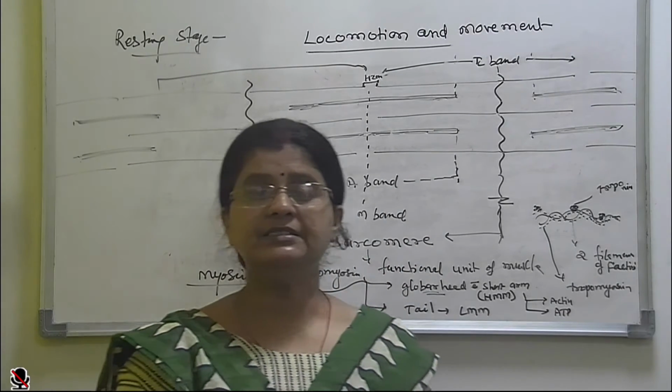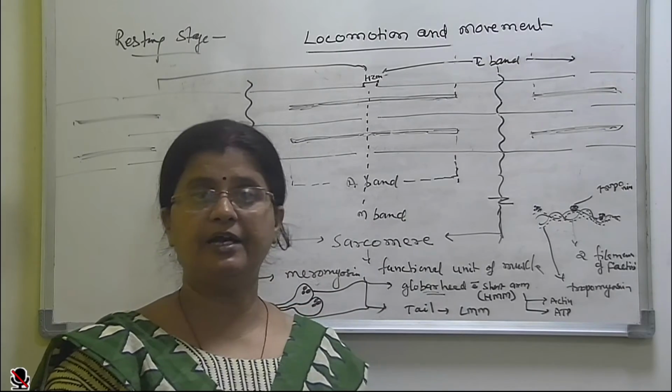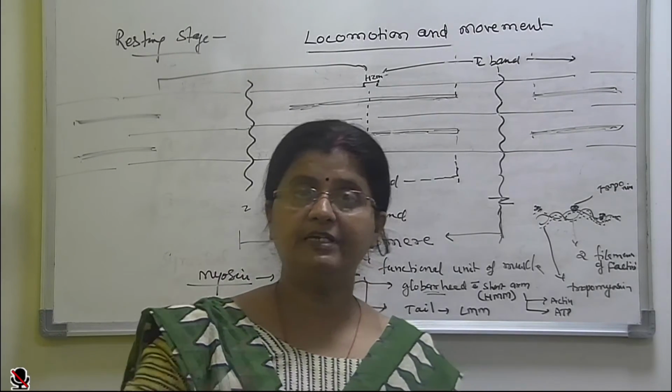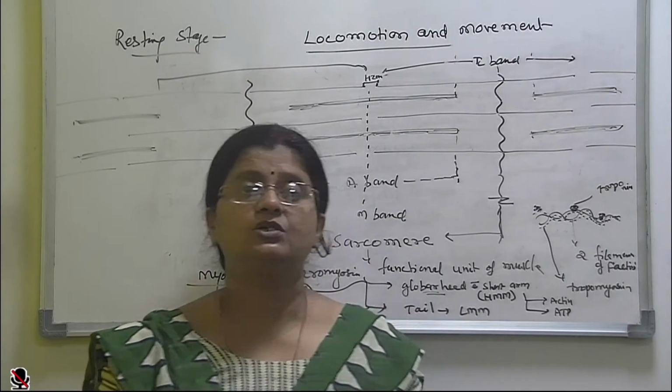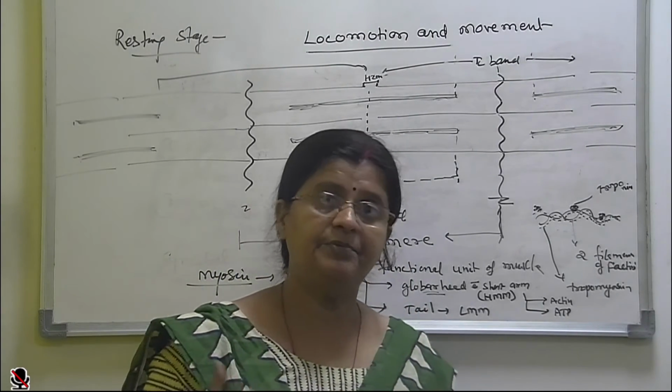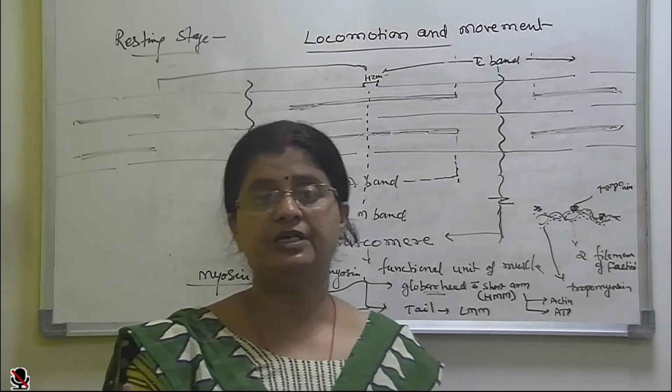Here the ATP, ADP and inorganic phosphate will form ATP, and when energy is required, this ATPase will cause hydrolysis of this ATP and convert it to ADP plus inorganic phosphate, right?